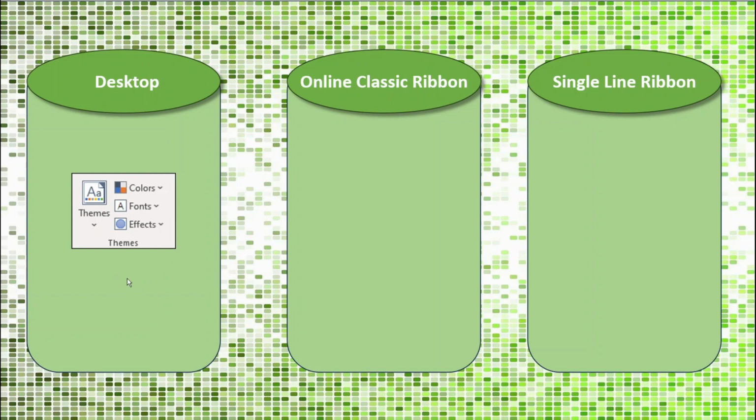And while you may see this Themes group in Word and PowerPoint, it may not be so evident that you can also use themes in Excel. So let's take a little time and open a blank workbook, and let's see what the different themes can do to help create a spreadsheet that people will like and find easy to read.